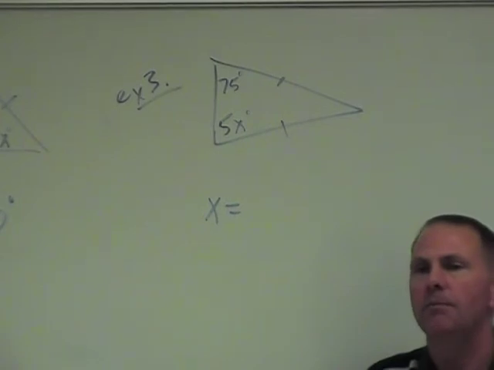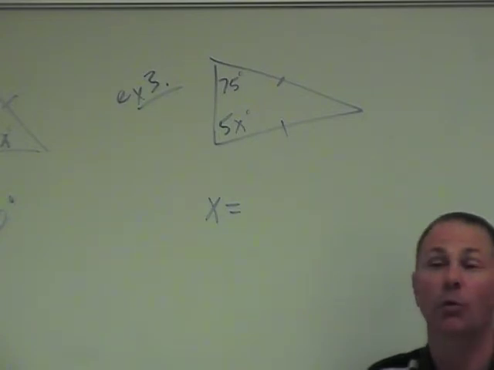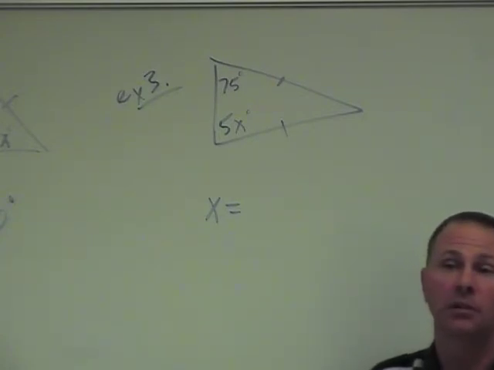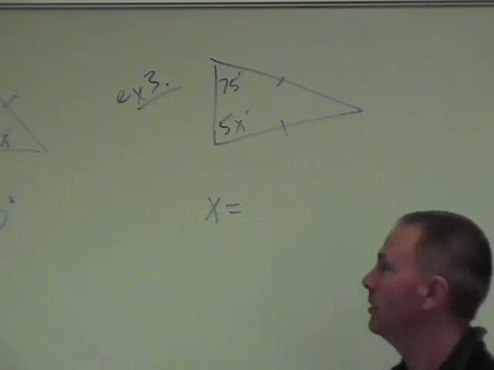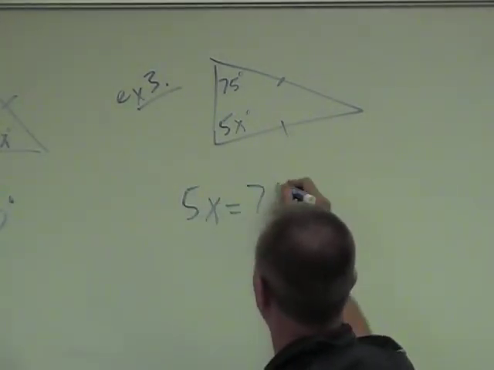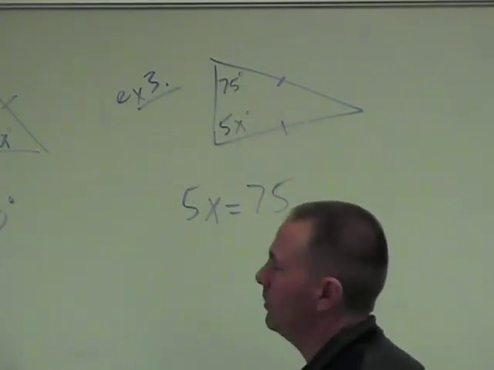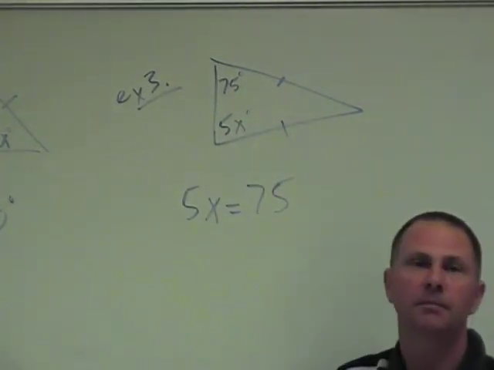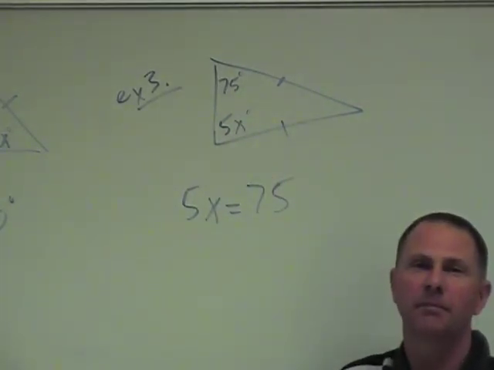Nate, how'd you figure it out? What'd you get for an answer? 5x equals 75, divided by 5. How do you know 5x equals 75? Because of the base angles theorem.